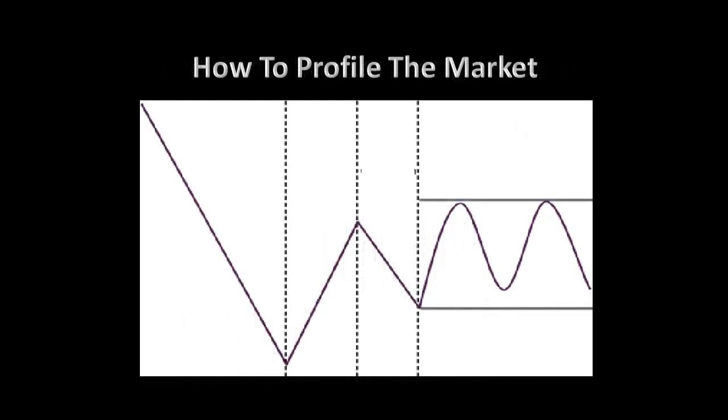Now, how do you profile a market? Well, on the left hand side here, we have what would be considered a standard downtrending or downswing in the market until it reaches a low of some kind and you have a reversal formation. We're not going to cover the reversal here because there's a little bit more to it, but assuming that the market does reverse there, trades up, okay, and then we'll have a retracement of some kind.